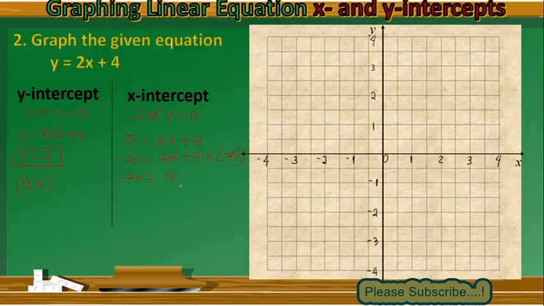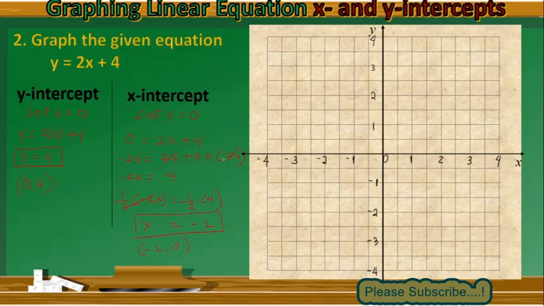Applying the multiplication property of equality, we multiply by the inverse. What's the inverse of negative 2? That is negative 1/2. Negative 1/2 times negative 2x equals negative 1/2 times 4. Simplify: this cancels out, the remaining is x, and negative 1/2 times 4 is negative 2. So our coordinate is negative 2 for x, then 0 for y.